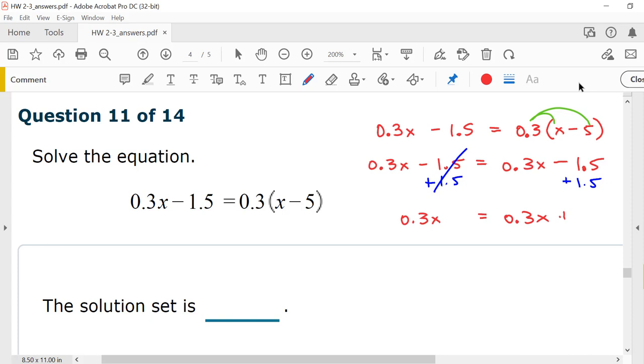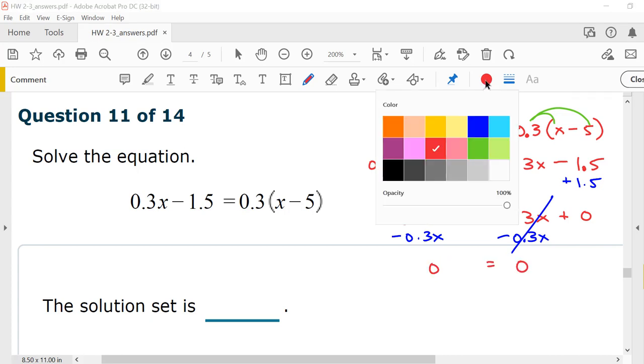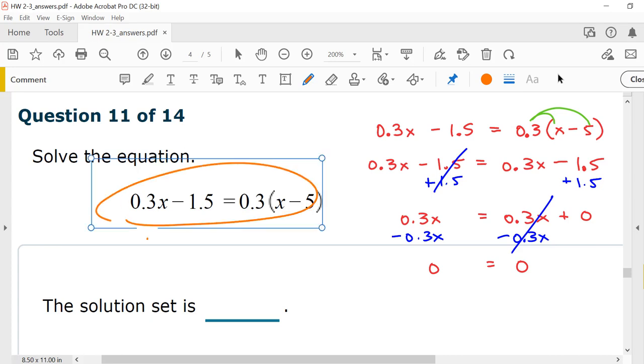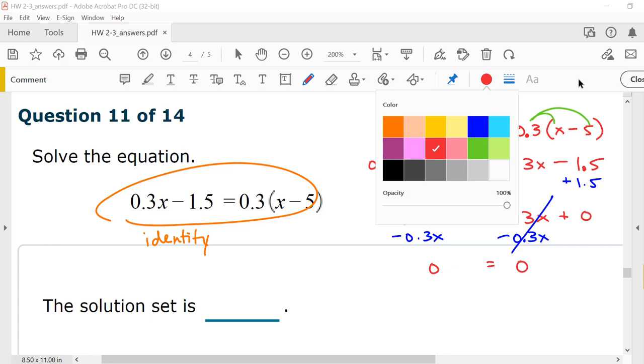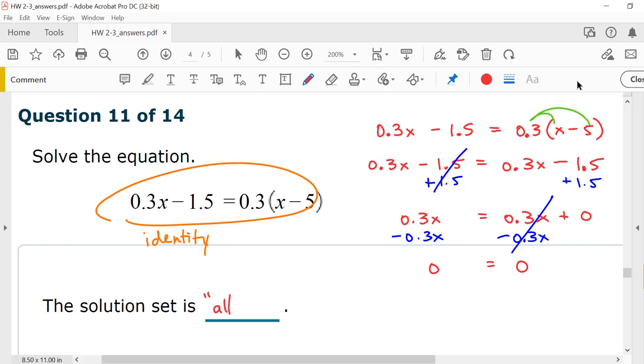And if I subtract the 0.3x from both sides, I get 0 equals 0. Do you remember what that's called? That equation is called an identity, and that means the answer is all real numbers. No matter what value I plug in for x, that equation will be true.